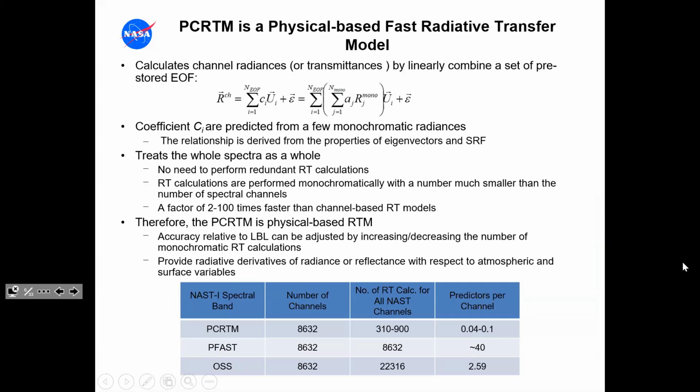But since the eigenvectors are orthogonal to each other, they represent the information content very compactly. So instead of using thousands of eigenvectors, maybe I only need a couple of hundred to represent the whole information content of your hyperspectral data. So that's the key. So using PCA to compress the spectra into a few hundred elements.